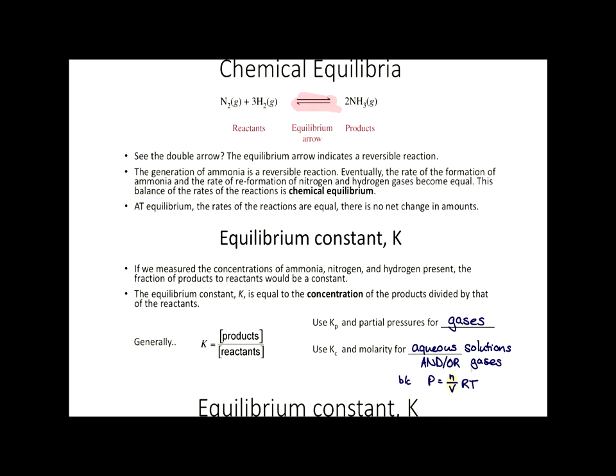So we can also have equilibrium in water, in solution. So things that are aqueous typically have molarities, and then we put that into our K expression. But with Kc, gases can also have concentrations as well. So you should be putting anything that's aqueous or gas in a Kc expression, but only things that are gases go into a Kp expression. And we'll do some practice.